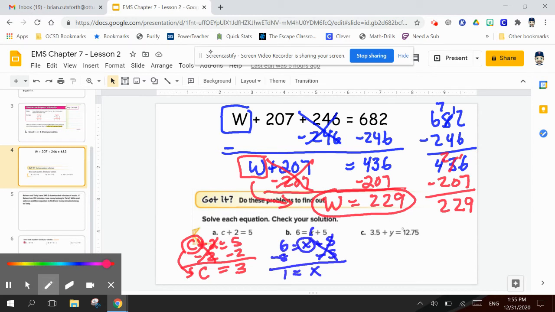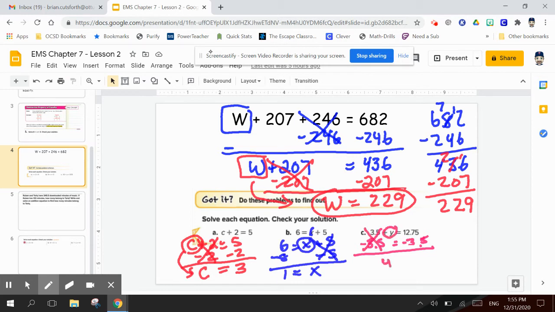And the last one. Again, I'm going to subtract 3.5 from both sides. 3.5 minus 3.5 is 0. Those cancel out. I'm left with my variable of y equals 12.75 minus 3.5.